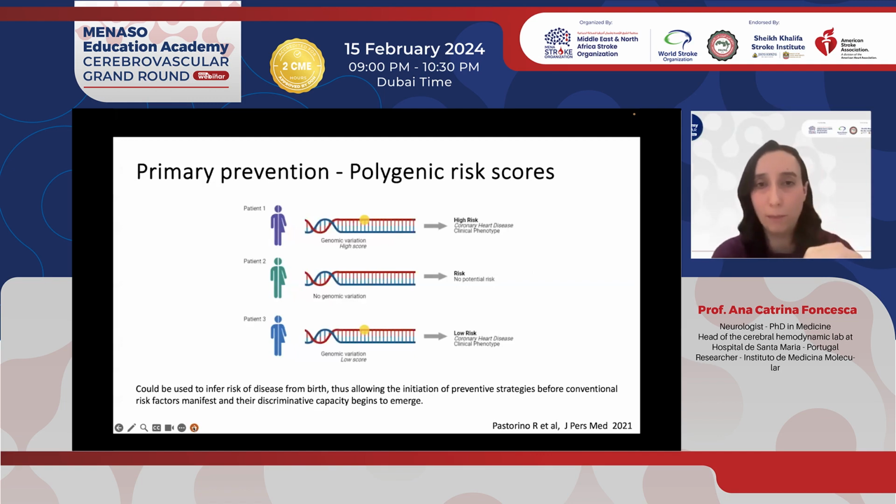So this is really primary prevention, because we are acting before the patient has had the event, stroke or coronary heart disease. So that will be really a great development, being able to act before the risk factor first appears in patients while they're still infants.